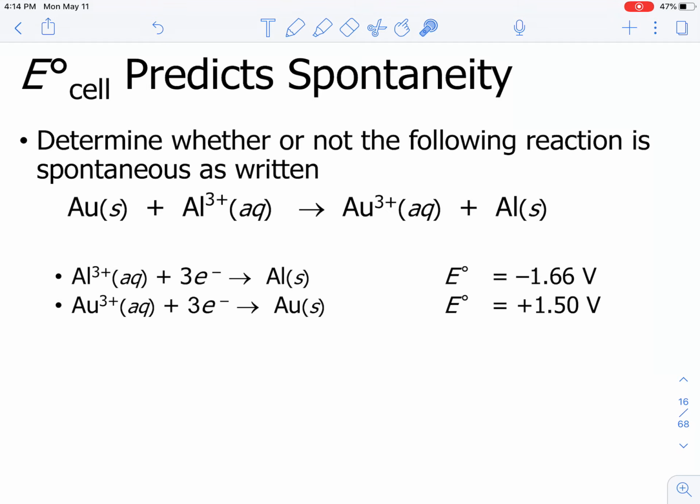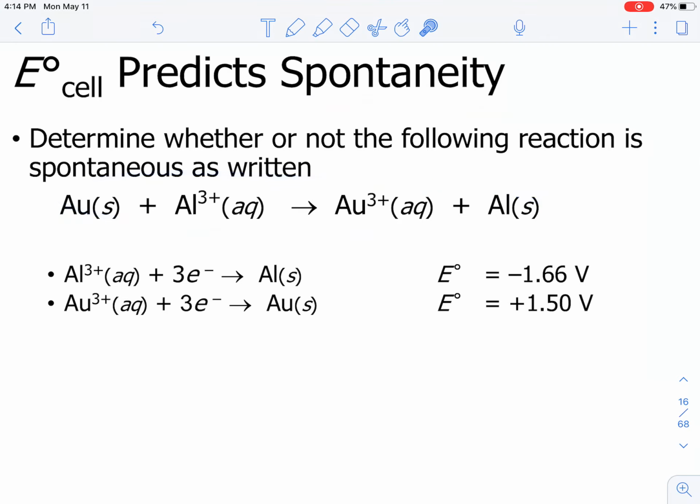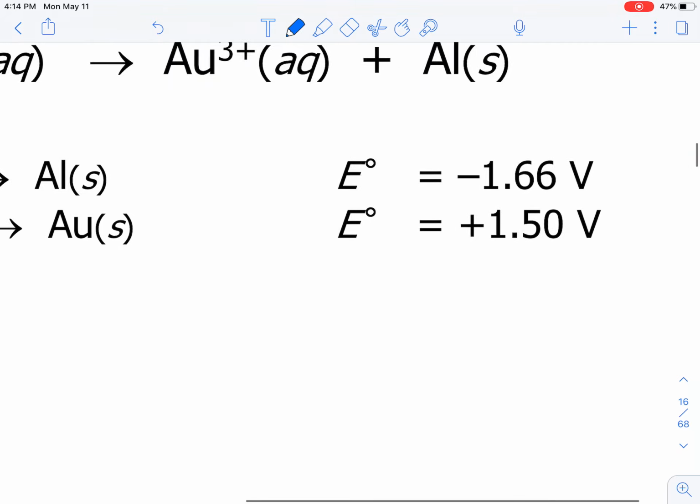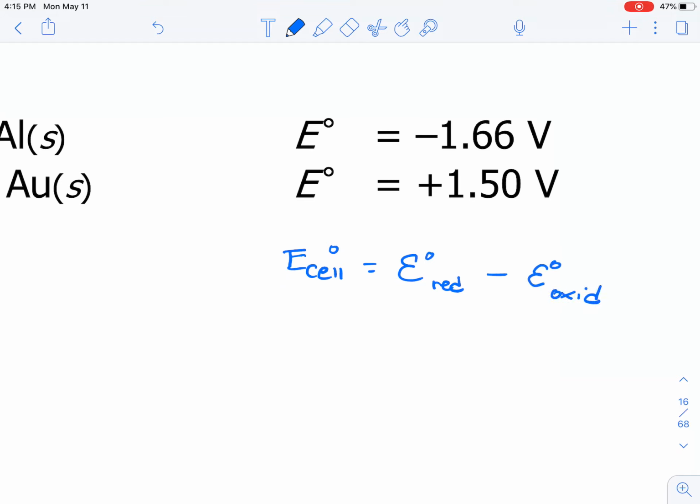To determine if this chemical reaction is spontaneous, we need to calculate the standard cell potential. One way to calculate the standard cell potential is to simply take the reduction potential and subtract from it the potential that describes oxidation.